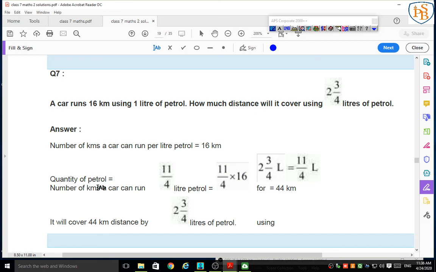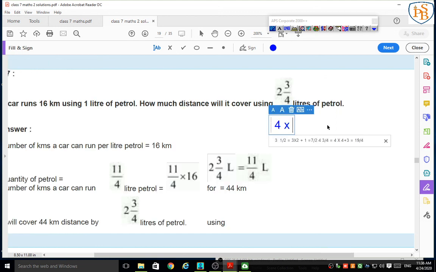So now the quantity of petrol is 2 and 3 upon 4. What will be the improper fraction? 4 2s are 8. So 4 into 2, we have to write this in bracket, and we have to add the numerator, that is 3, and the denominator will remain the same, that is 4.